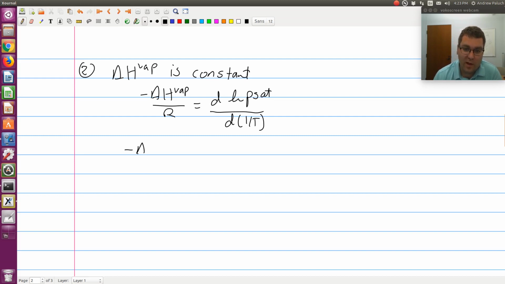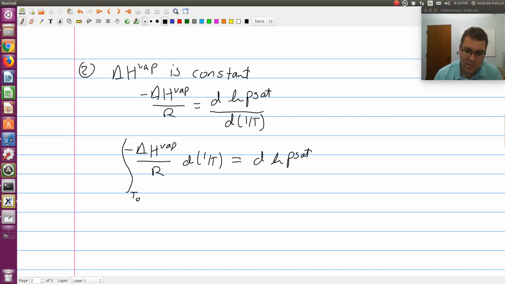So I'm going to have negative delta H of vaporization over R, d inverse T, is equal to the differential of log PSAT. I integrate the left-hand side from T naught, our reference state, to our temperature of interest, and the right-hand side from reference state P naught to a pressure of interest.